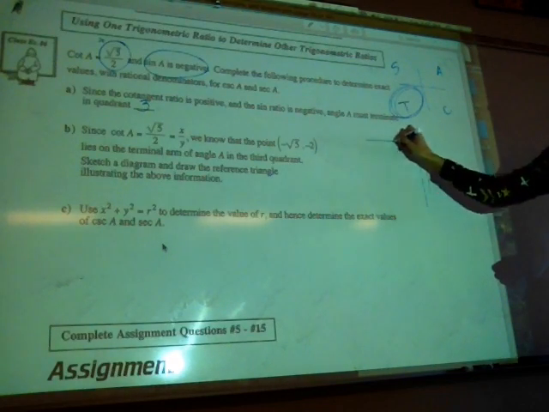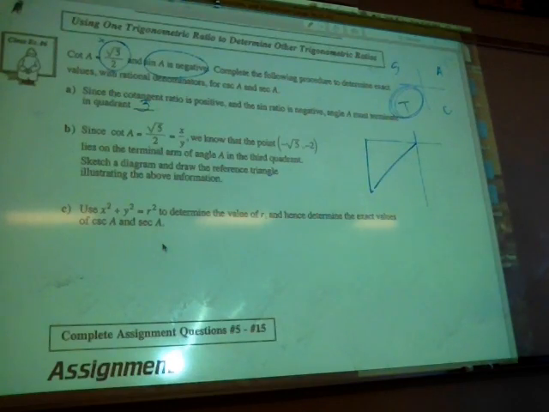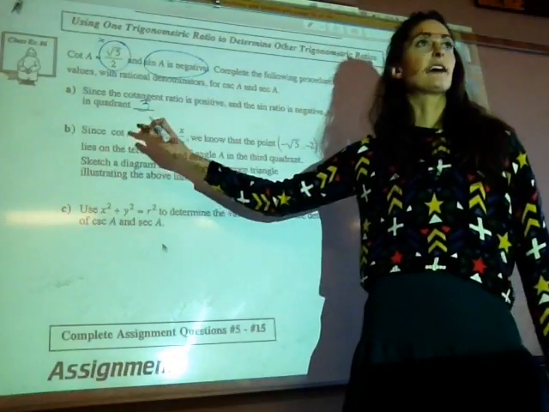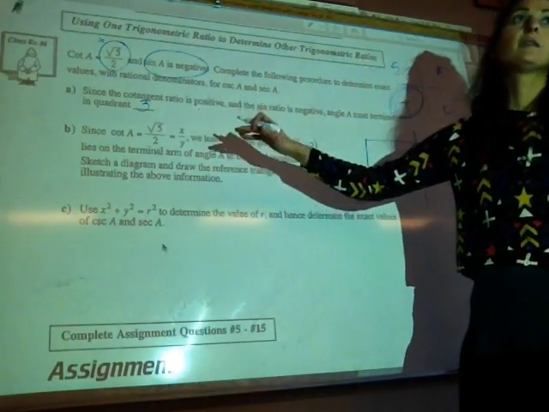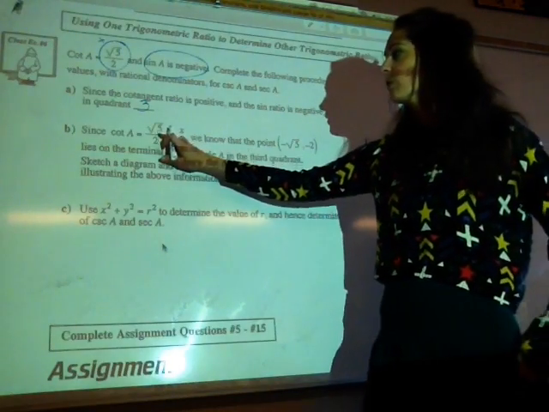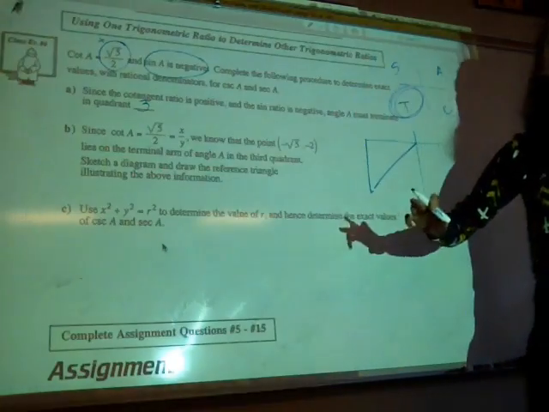So let's just draw quadrant 3. We're going to draw a triangle. Okay, if we were to think about tangent, that would be opposite over adjacent, but cotangent will be adjacent over opposite. So the root 5 is actually our adjacent, and the 2 is our opposite.